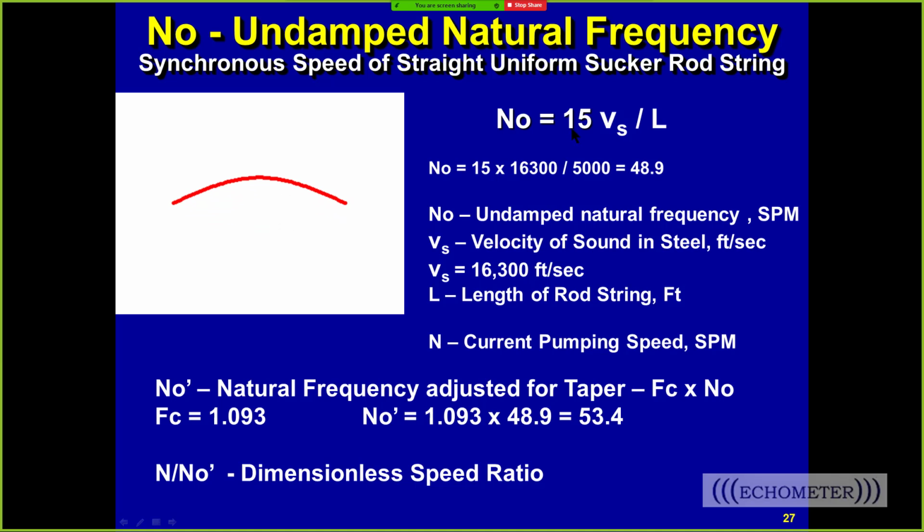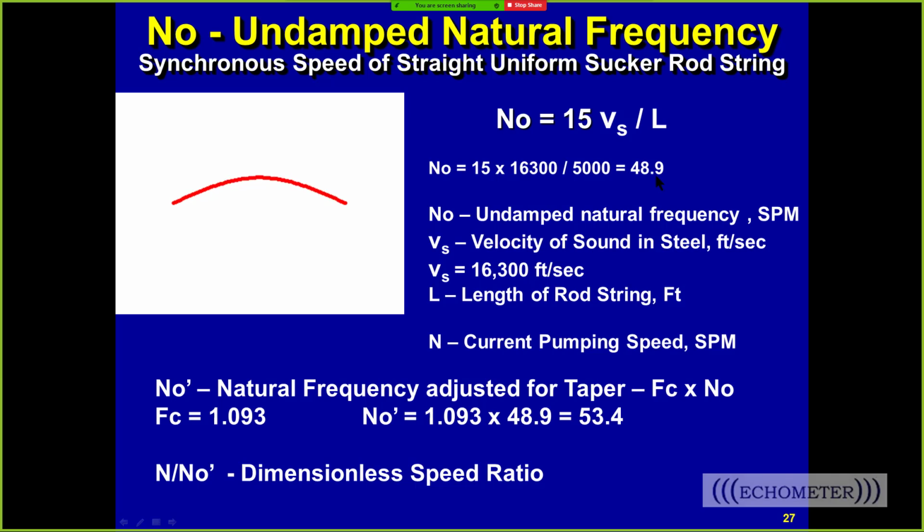You take 15 times the acoustic velocity in steel divided by the rod string length. Let's say it's 5,000 foot deep. And if it's a taper, like a 7/6 taper, then there's an adjustment factor. This is like a 10% higher frequency if it's not a constant diameter. So this 5,000 foot long rod would have a frequency of 48.9 strokes a minute.